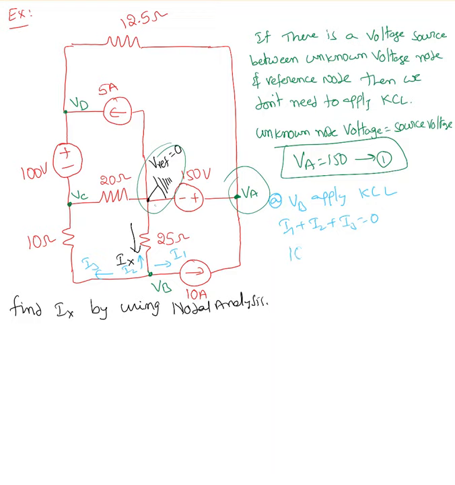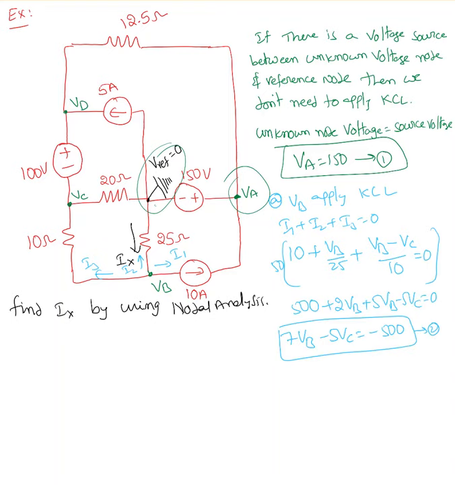I1 equals 10 ampere, I2 is VB over 25, and I3 is VB minus VC over 10 equals 0. After simplifying, the equation is 7VB minus 5VC equals negative 500.